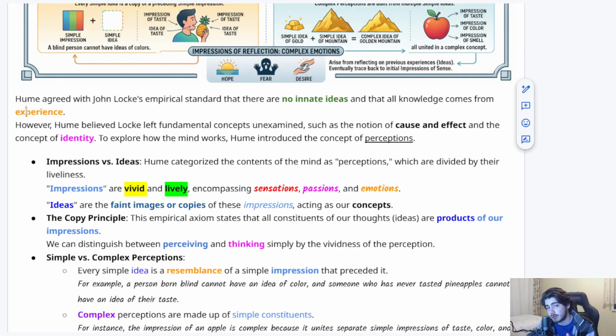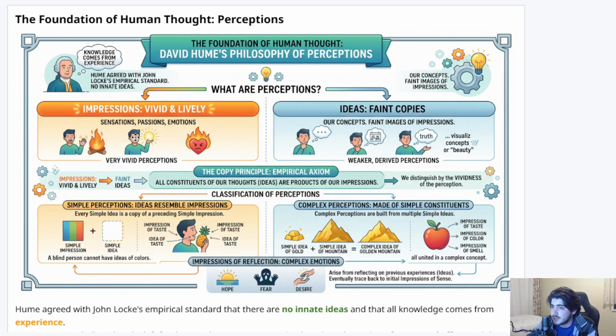So, to explore how the mind works, Hume introduced the concept of perceptions. He categorized the contents of the mind as perceptions, which are divided by their liveliness. Impressions are vivid and lively, encompassing sensations, passions, emotions, whereas ideas are faint copies or faint images of those impressions.